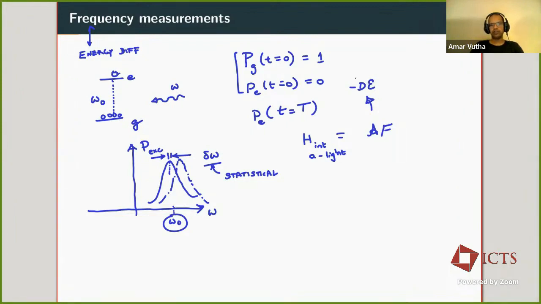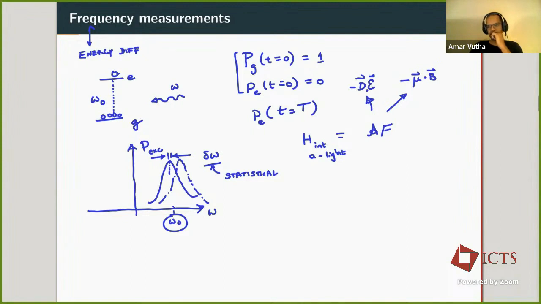If you want to be fancy, you can also write this as a dot product between some component of D and component of E, and you may have seen this kind of interaction Hamiltonian for the interaction between light and atoms. If you are more familiar with magnetic resonance, you may have seen a similar kind of thing with magnetic moments interacting with magnetic fields.